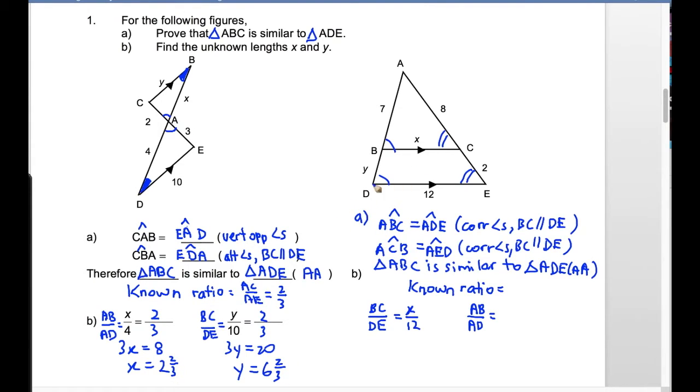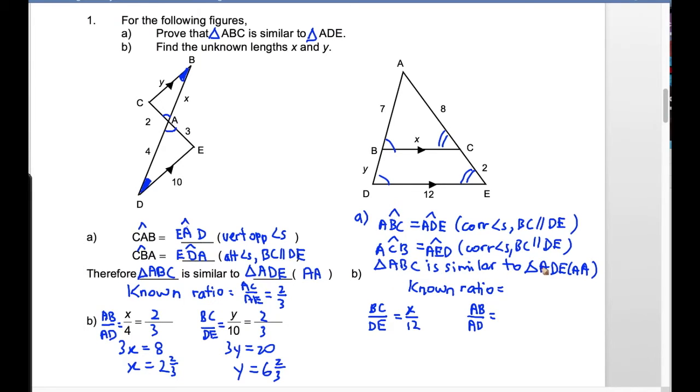In the next part, we have to prove that triangle ABC is similar to triangle ADE. This is easy because we have corresponding angles because of the parallel lines.